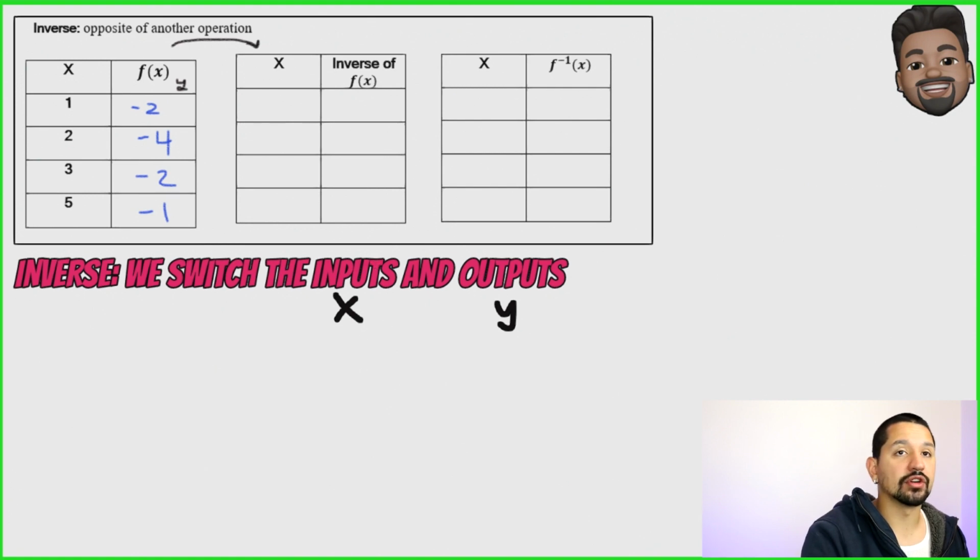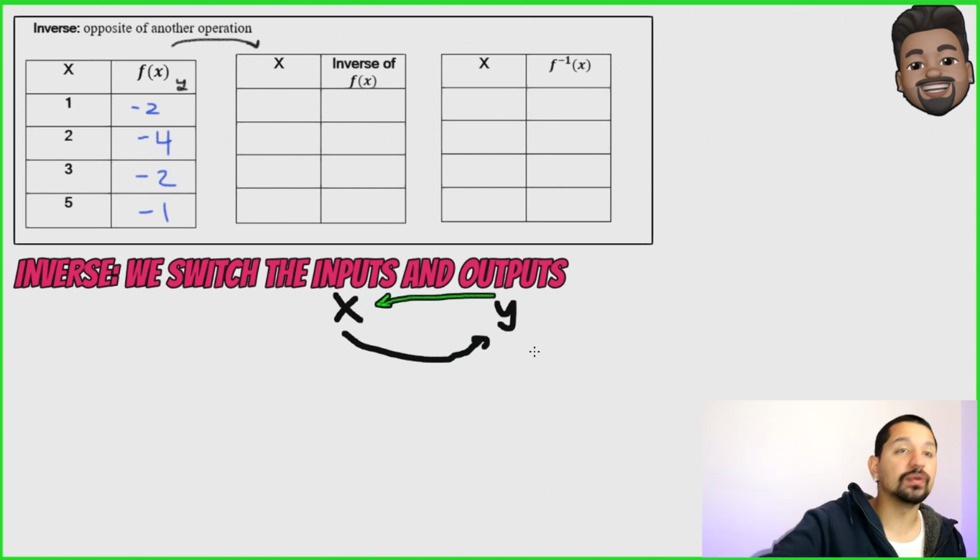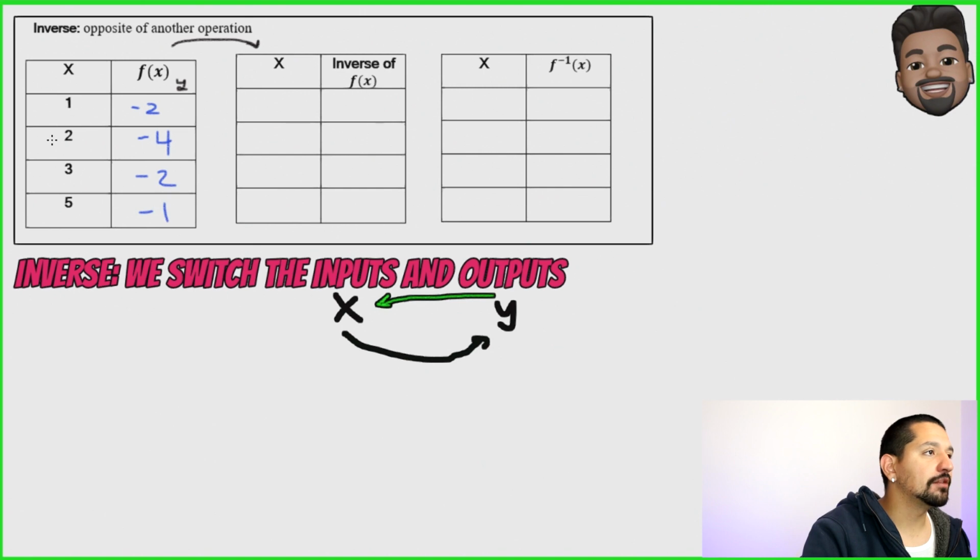It's kind of like a little circle. This table has x values, y values, and then we're going backwards. It's like a cycle, which makes sense because they undo each other. So let's go ahead and give this a try. These are my x values. They now become my y values. So 1, 2, 3, and 5 right here.